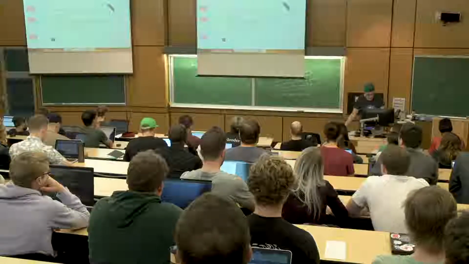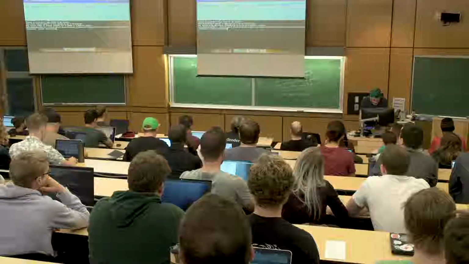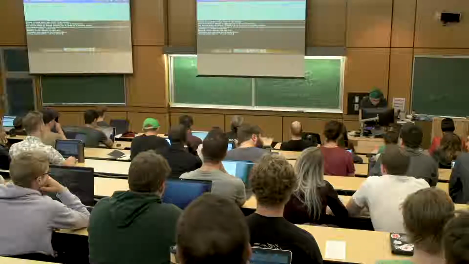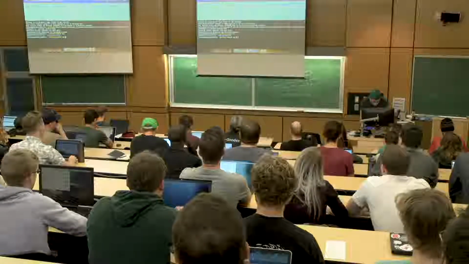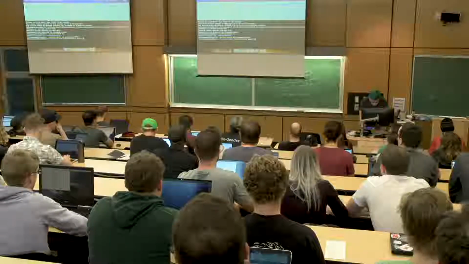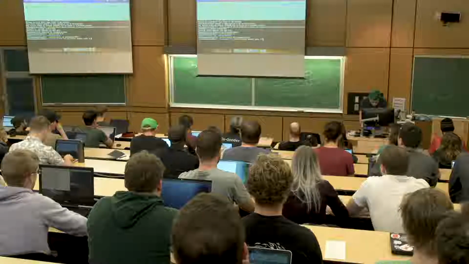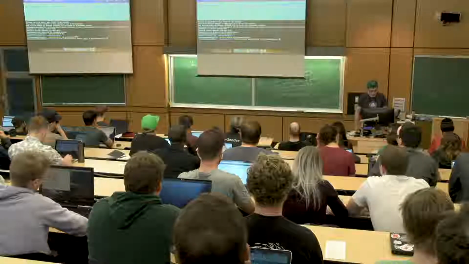So let's use kubectl to actually push up that deployment. We can't access it yet, but we can see that it's running. We're going to use kubectl apply for this.